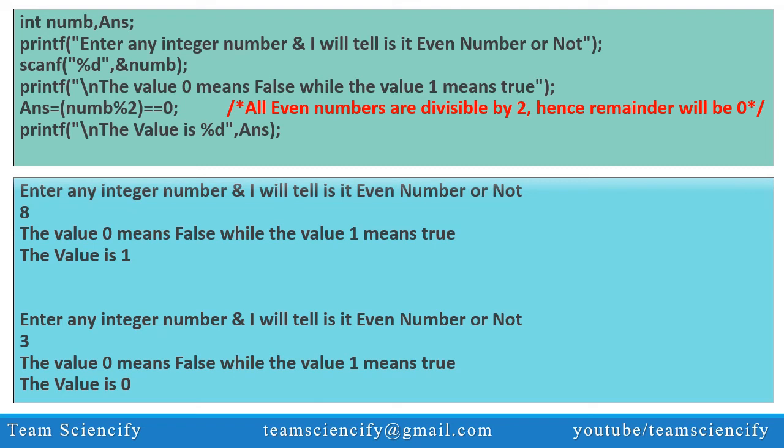When the command num%2 equal to 0 is executed, num is equal to 8 will be divided by 2, which will give us remainder 0. So if num%2 equal to 0, then the output displayed is the value is 1, which means true. Similarly, for num equal to 3, the answer displayed will be the value is 0, which means false. So in this way, we use multiple operators in one single command to perform a specified task.